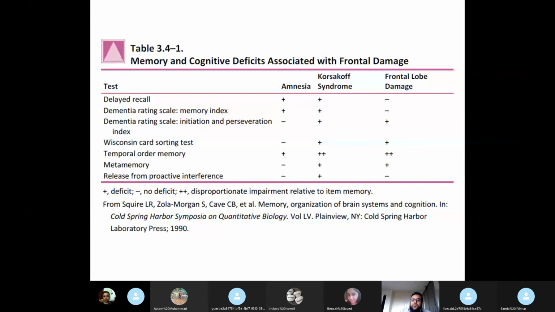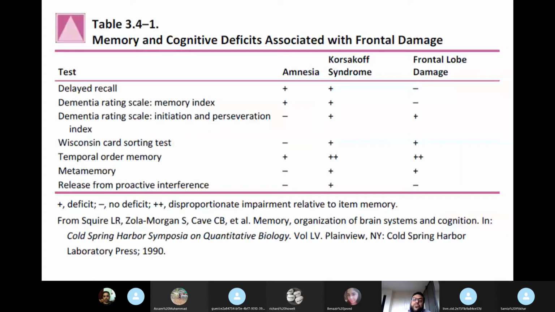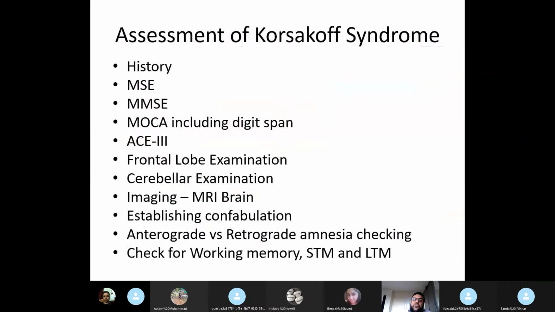Okay, and now assessment of Korsakoff syndrome: history and collateral history. So important: collateral history, mental state examination, Mini-Mental State Examination, MoCA, Addenbrooke's ACE-3, or you can do ACE-2R, which is a previous version, but that contains the MMSE, which is now copyrighted.